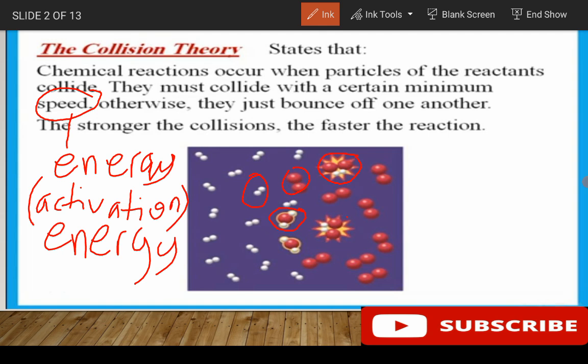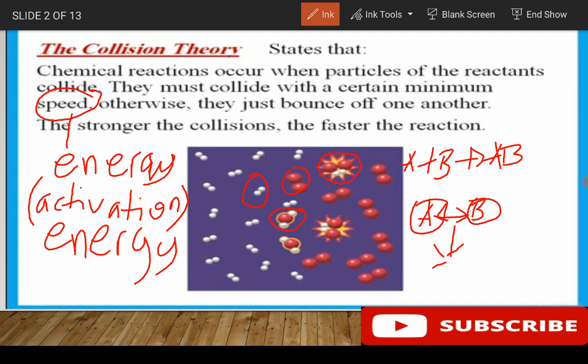So once again, the main aspect of the collision theory is that particles need to collide. There must be collision. If particle A is reacting with particle B to form AB, then particle A and particle B must be involved in some collision.